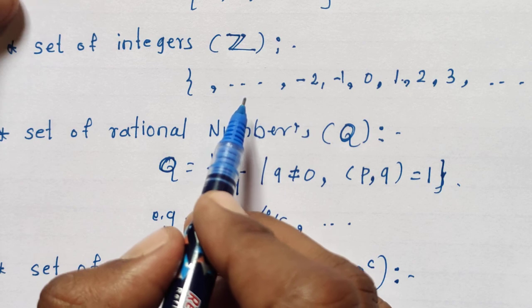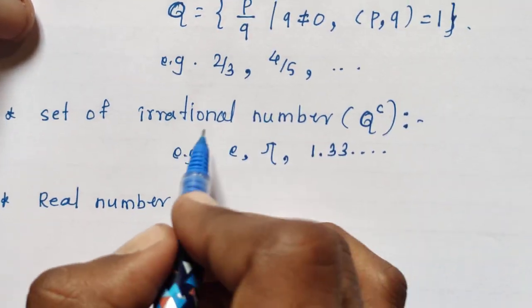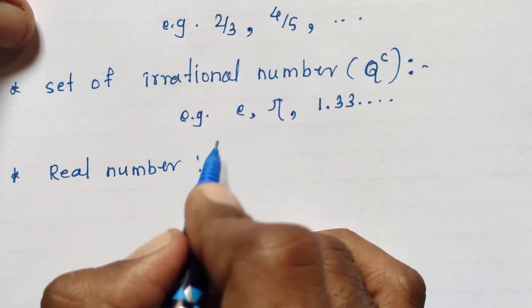So the natural numbers are contained in the integers, and the set of irrational numbers is a different set.